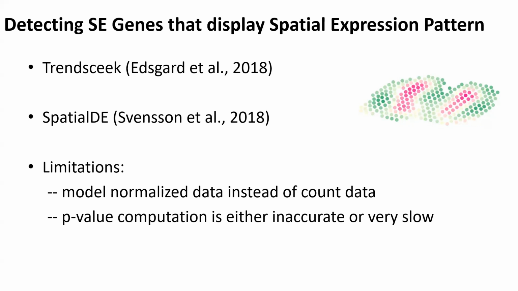We're only visualizing one gene here, and the color shows the expression level of that gene. Specifically, pink means the gene is heavily expressed, and green means it's lowly expressed. For this particular gene, you can see that it's heavily expressed in the middle of these two olfactory bulbs.